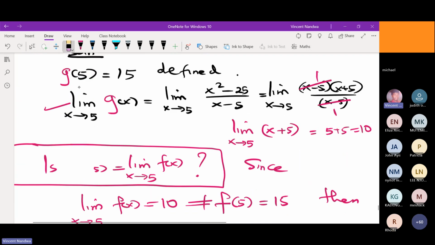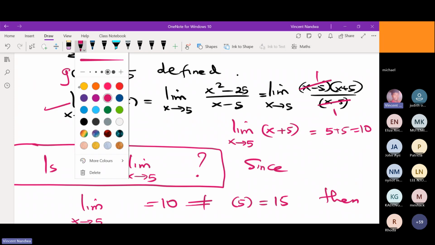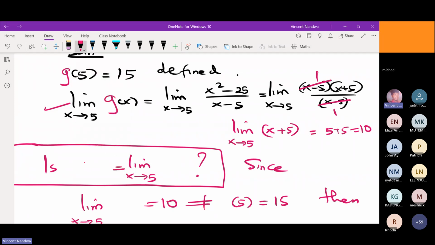These are g functions, just to be consistent with the name of the function given. So the limit of g of x, and this is g of 5.